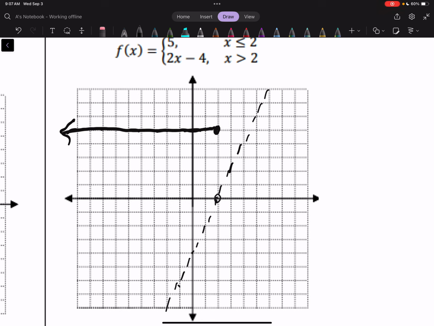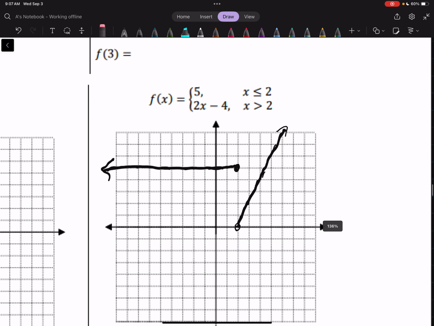Here's 2. This one is an open circle because it is just greater than. I want the right side. I'm going to draw that line a little bit better, and I can erase the bottom dashed portion. This is the graph to my piecewise function.